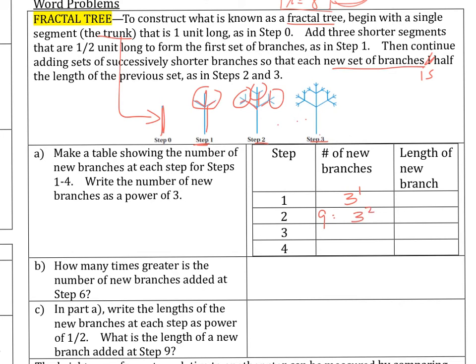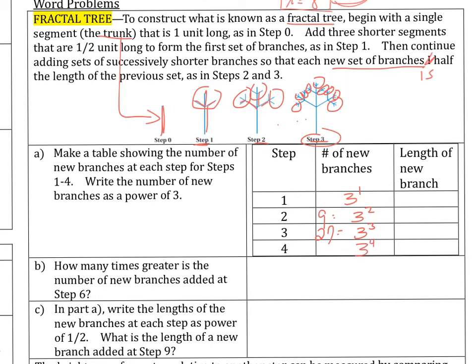And for step 3, I have 3, 6, 9, 12, 15, 18, 21, 24, 27 branches. So I can write this as 3 cubed, and so forth. And the next one would definitely be 3 to the 4th power.